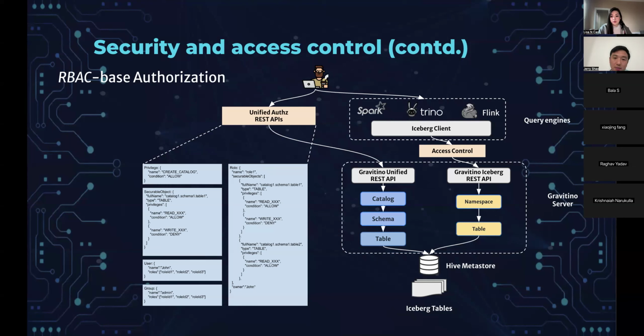Then when a user accesses the table with an Iceberg client, these roles will be enforced in Gravitino to check whether the user has permission to access or modify the table. And this is an enhancement to the Iceberg REST spec, which is also important for production-ready use.